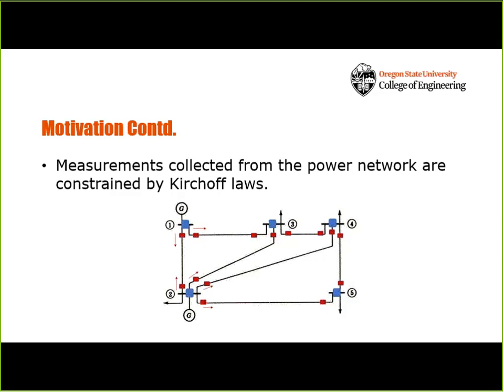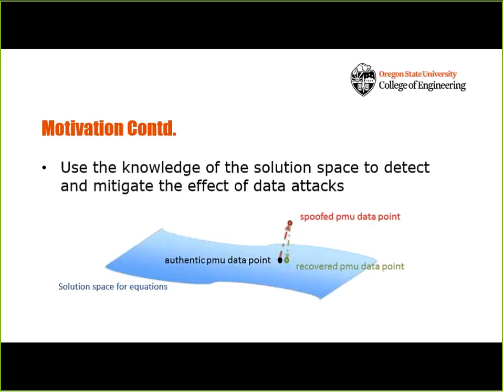So this led us to the approach of correcting corrupted PMU measurements, which is based on the idea that a legitimate measurement vector should come from the solution space of this equation. This figure here gives the high-level idea of our approach. We use the knowledge of the solution space to detect and mitigate the effect of data attacks.